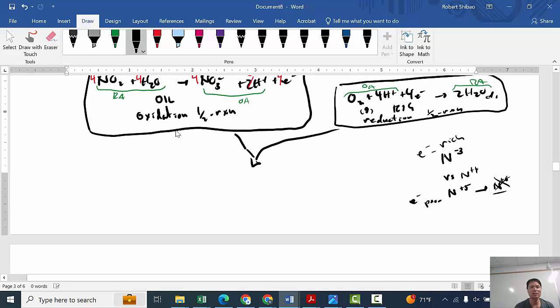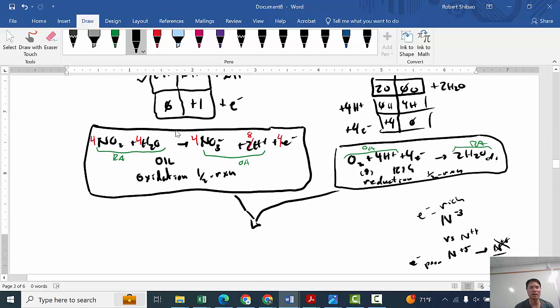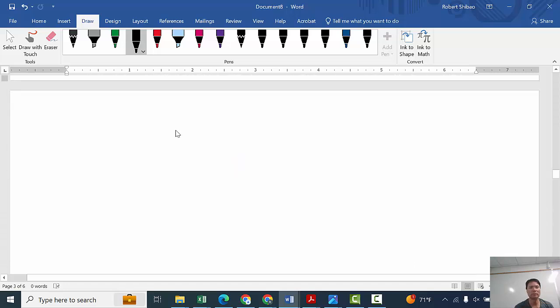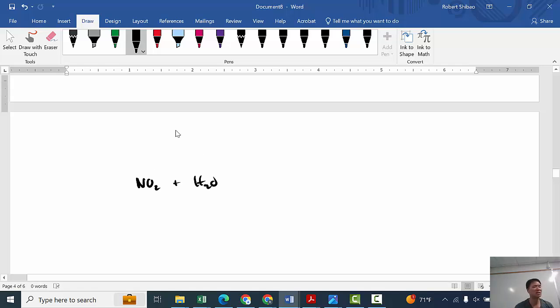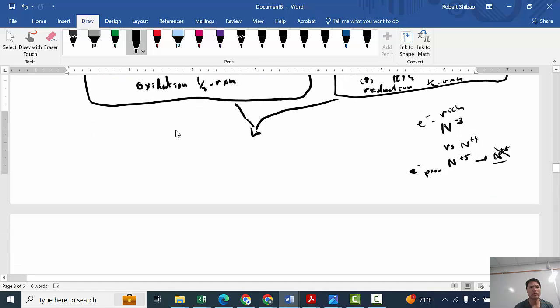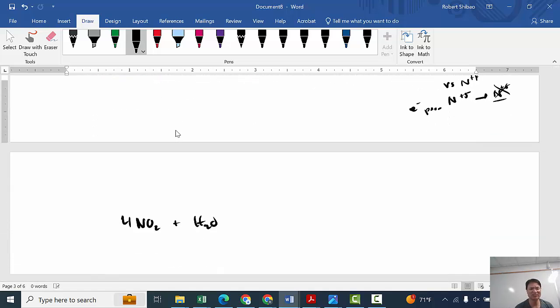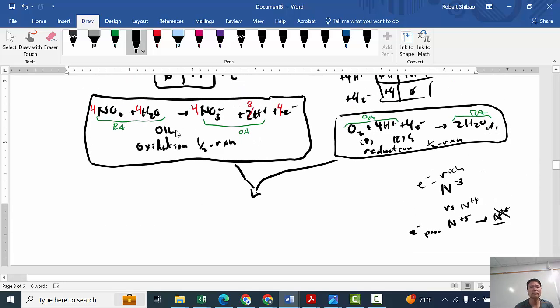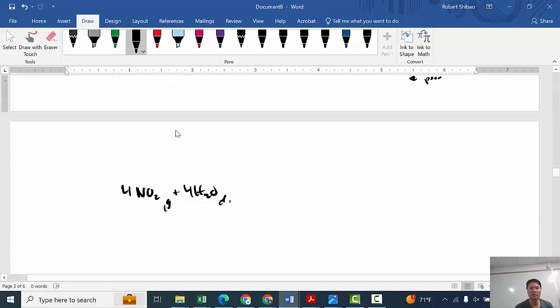Now I'm going to combine these two to make the net redox reaction. I'll take the oxidation half reaction and combine it with the reduction half reaction. Four NO2 plus 4 H2O, this is gas, this is liquid, plus O2 plus 4 H plus 4 electrons.